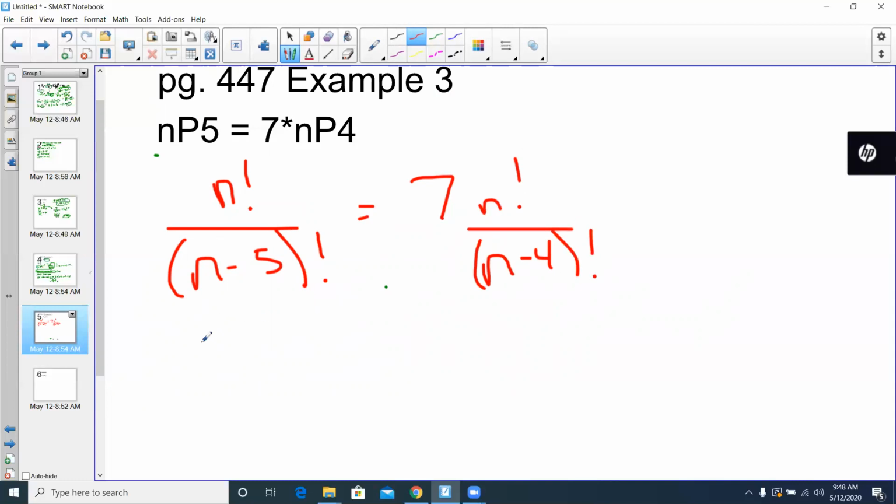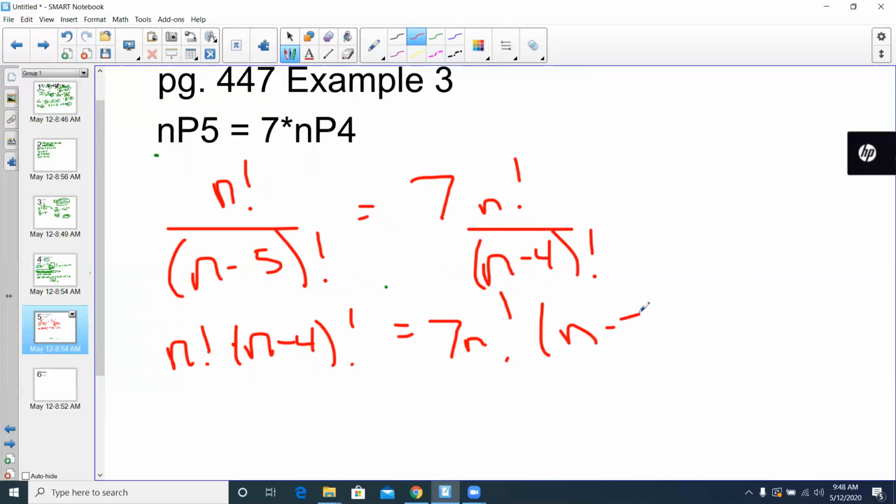Okay, we're going to cross multiply: n factorial times n minus 4 factorial equals 7n factorial times n minus 5 factorial.